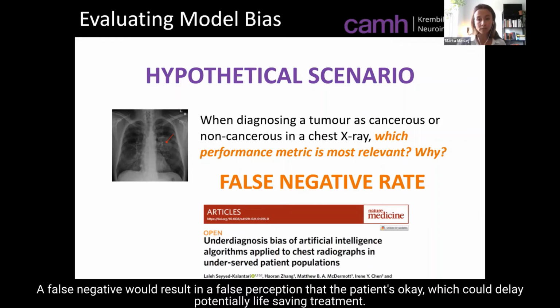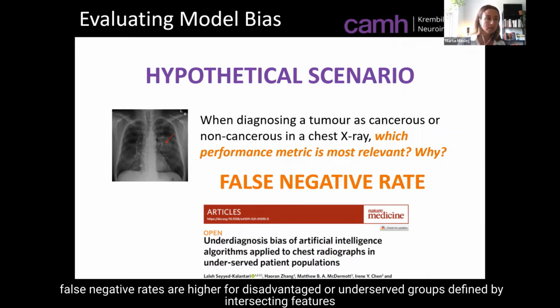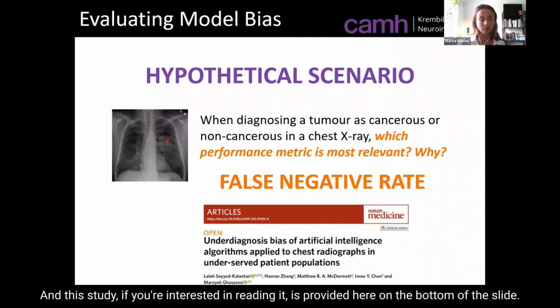Well, a false negative would result in a false perception that the patient's okay, which could delay potentially life-saving treatment. And actually, there is a study that suggests when diagnosing the nature of tumors from medical images, false negative rates are higher for disadvantaged or underserved groups defined by intersecting features, for example, low-income Black women. And this study, if you're interested in reading it, is provided here on the bottom of the slide.